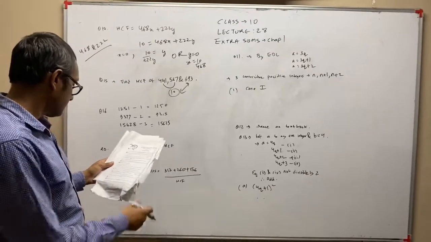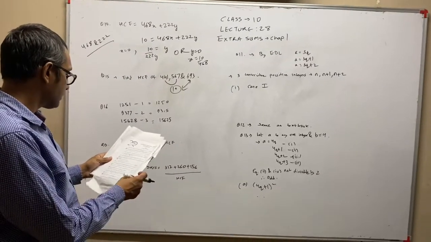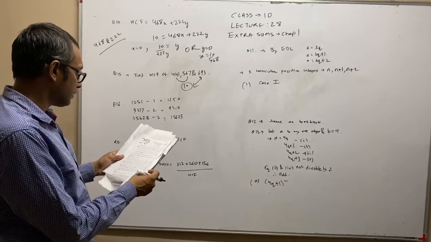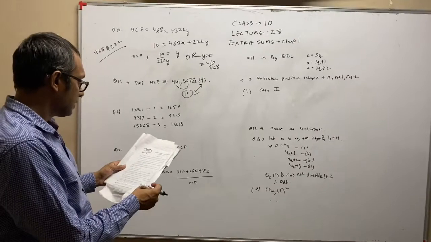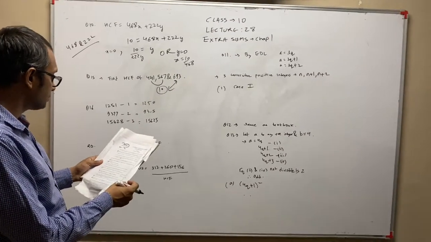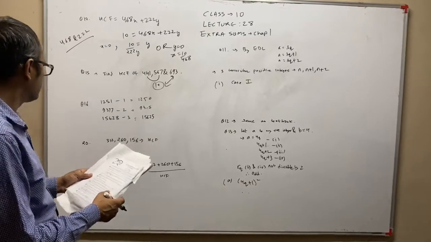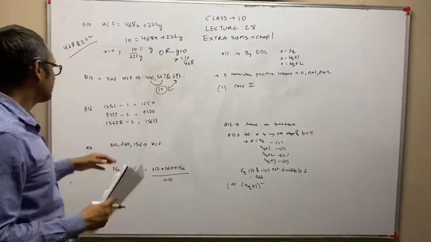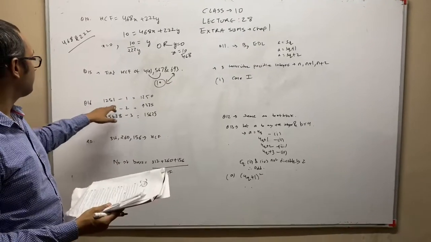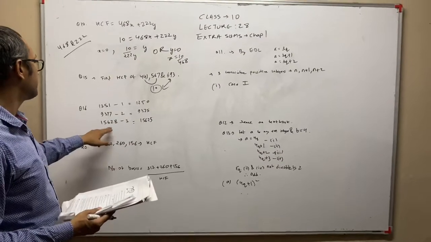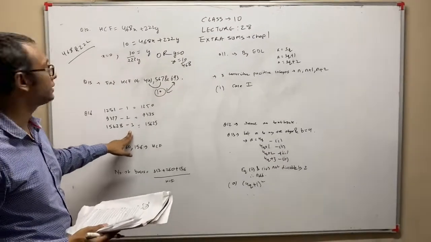Question number 16. Using Euclid's division algorithm, find the largest number that divides 1251, 9377, 15628, leaving remainders 1, 2 and 3 respectively. So first step you have to do, with 1251 you subtract 1, with 9377 you subtract 2, with 15628 you subtract 3.